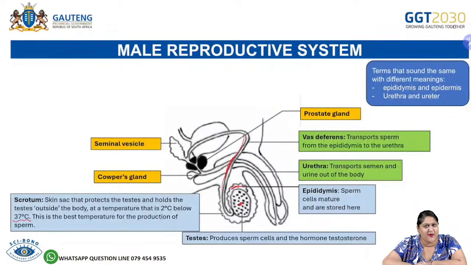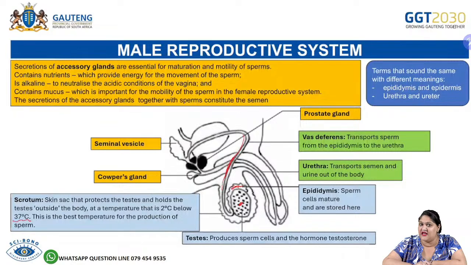Okay, and what do you know about glands? They have secretions. Let's have a look at what they secrete and what the function of the secretion is. So they are essential for maturation and motility of sperm. So collectively, the 3 accessory glands are essential for maturation and motility of sperms. They contain nutrients, it's alkaline, and they contain mucus.